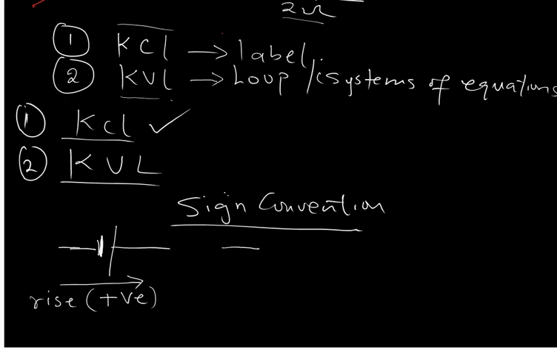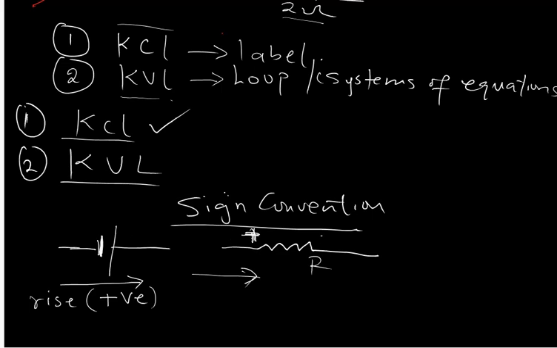Then let's look at a resistor. When current is flowing through a resistor in this direction, the very first terminal of the resistor is connected to the positive, since we're looking at current flowing from negative to positive.